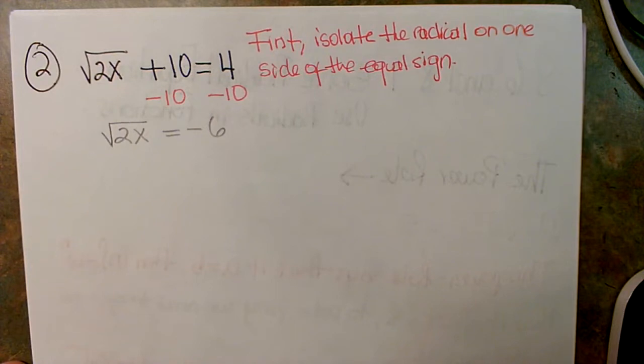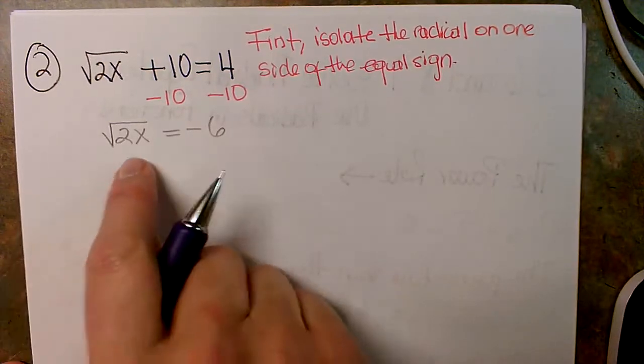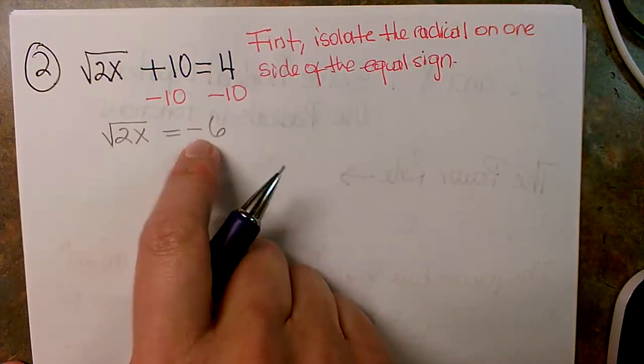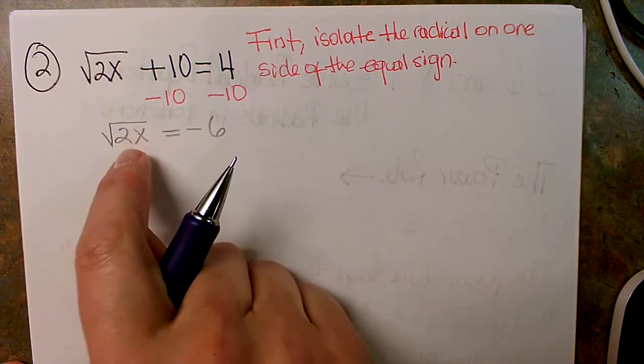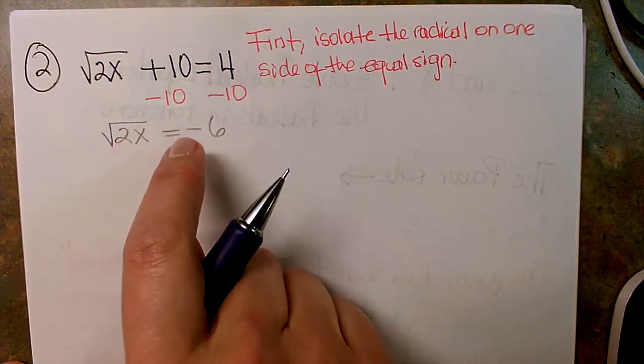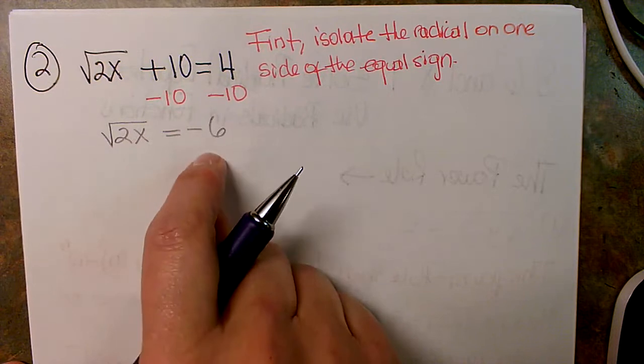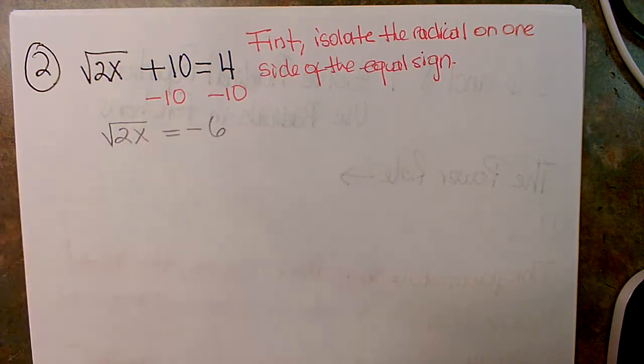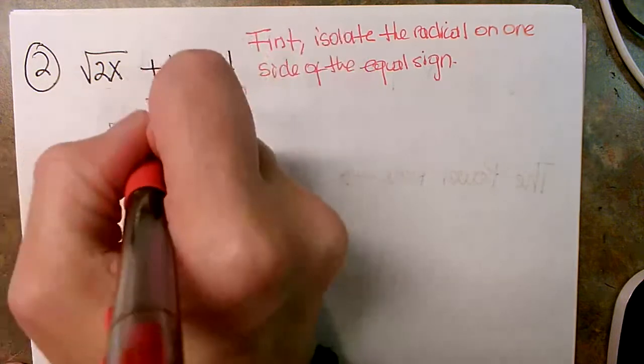Now, what do you guys notice there? We notice something different, right? Right here, the positive square root cannot produce a negative answer. There's no way. So let me write it down right here.